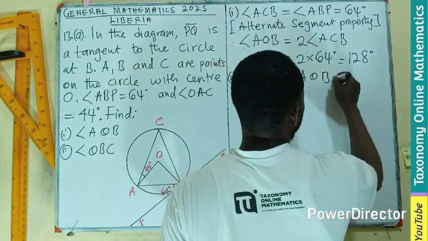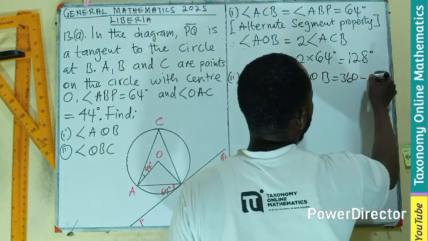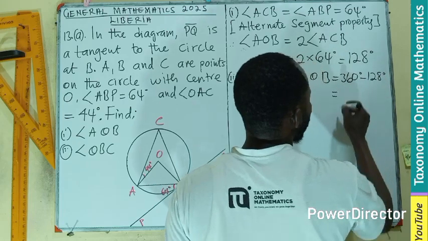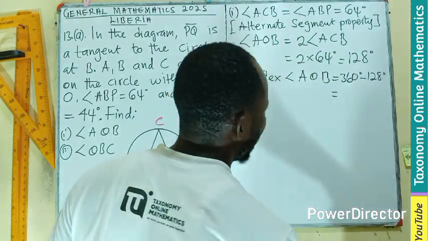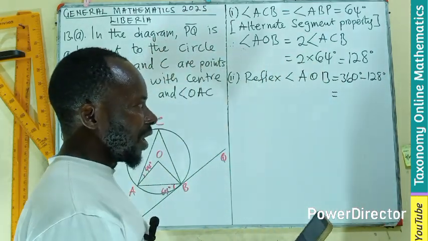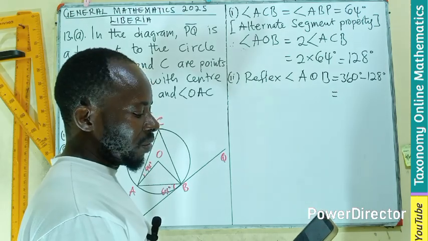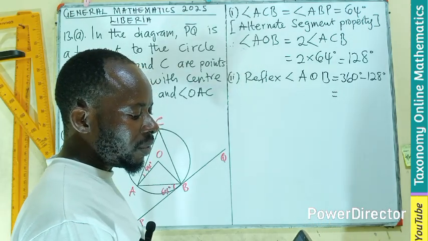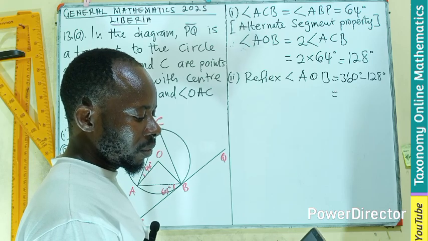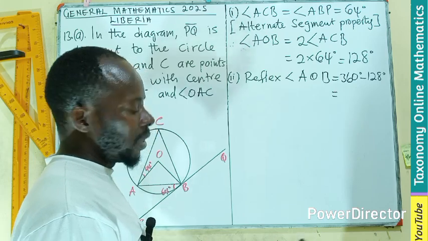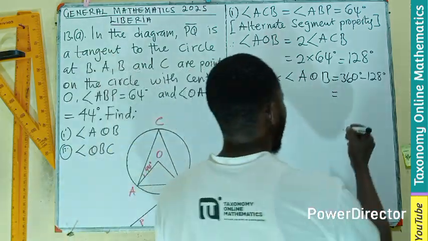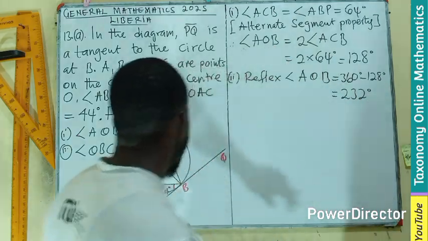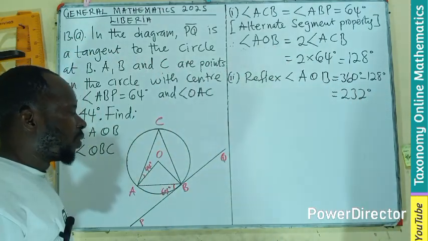So that is 360 minus 128, which gives us 232 degrees. So the angle at the back is what we found.